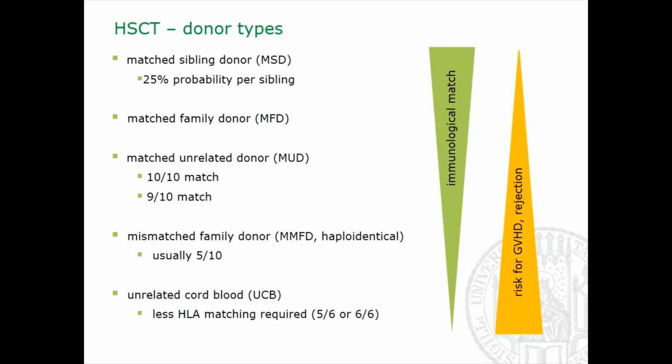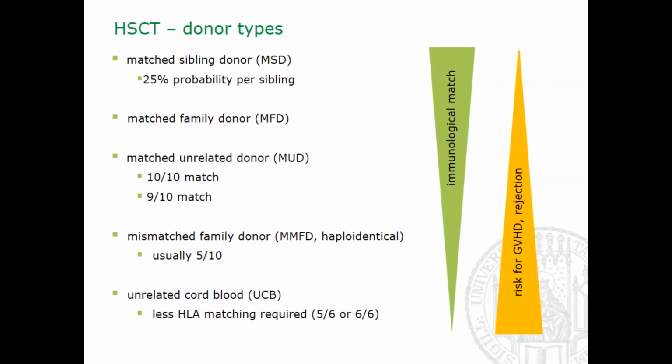And then there's unrelated cord blood. You know that these cord blood stem cells are being banked throughout the world, to a lesser degree these days. And for these, a lesser degree of HLA matching is required to have a good matching situation. So, for example, one could look for a 6 out of 6 or 8 out of 8 matched unrelated cord blood donor, which would also be a very good unrelated donor.